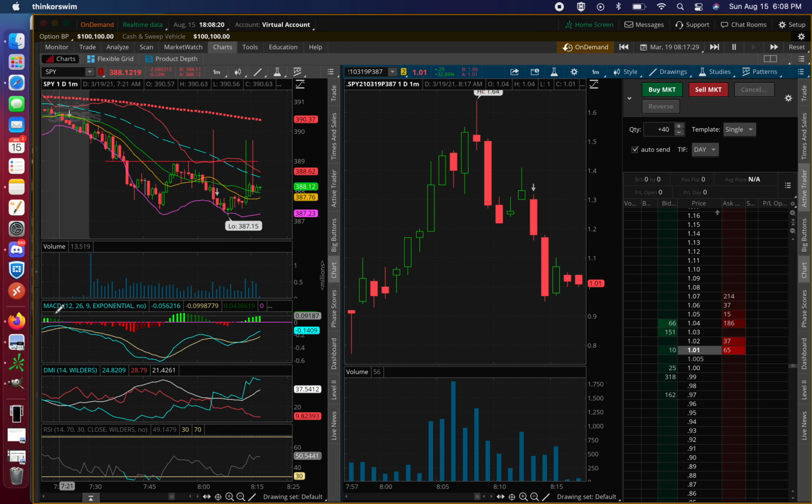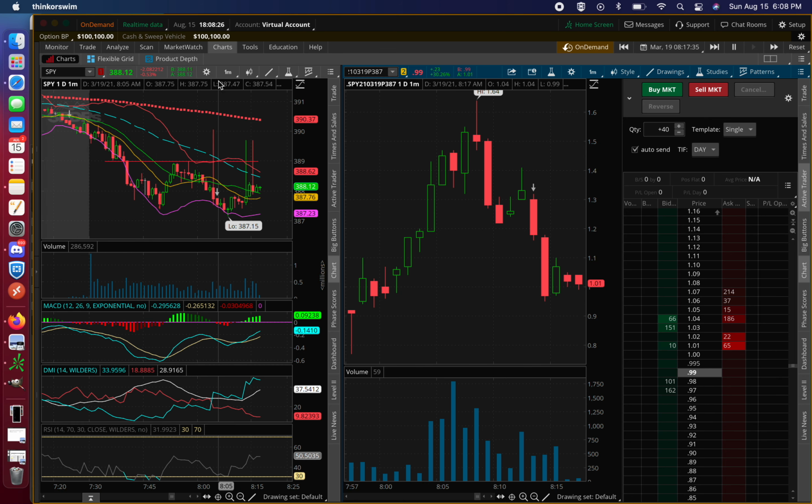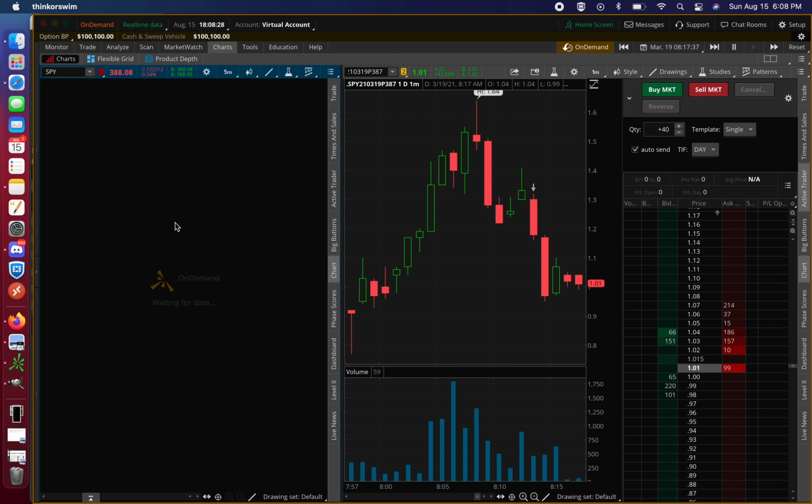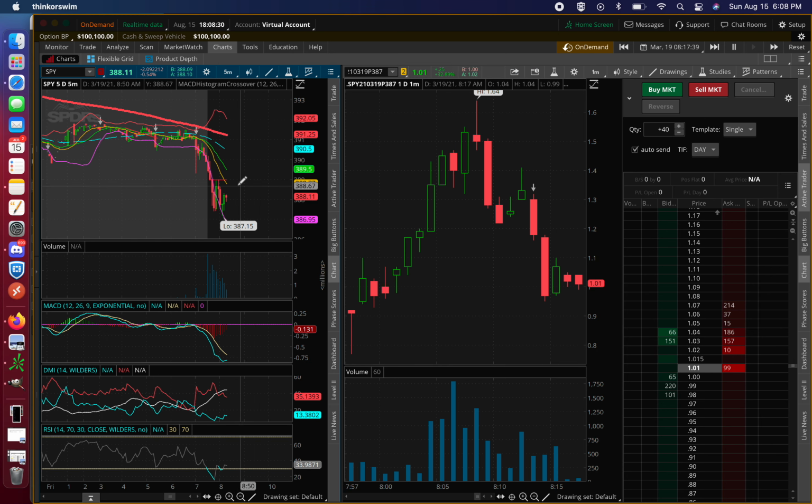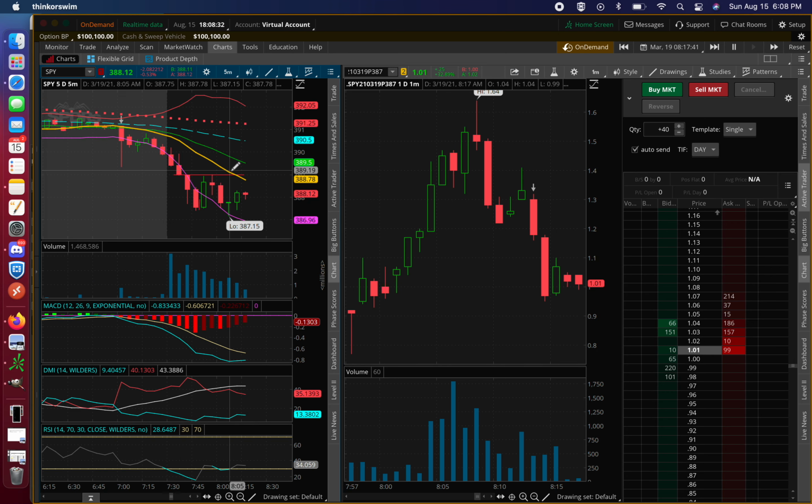I've been trading looking at the MACD mainly. I look at the 1 minute MACD as well as the 5 minute. I use the 5 minute to get a general idea of where it's going.